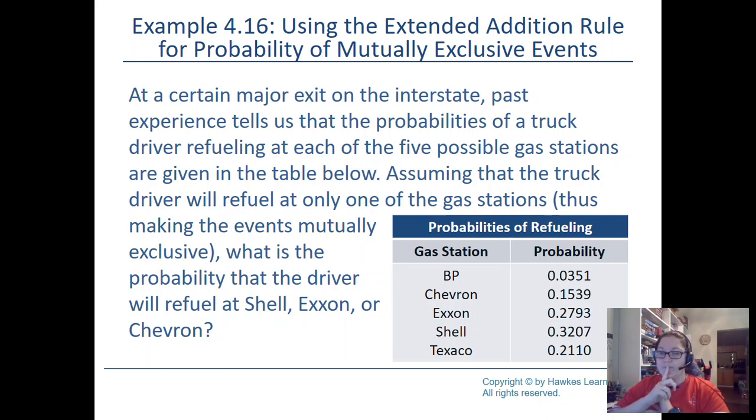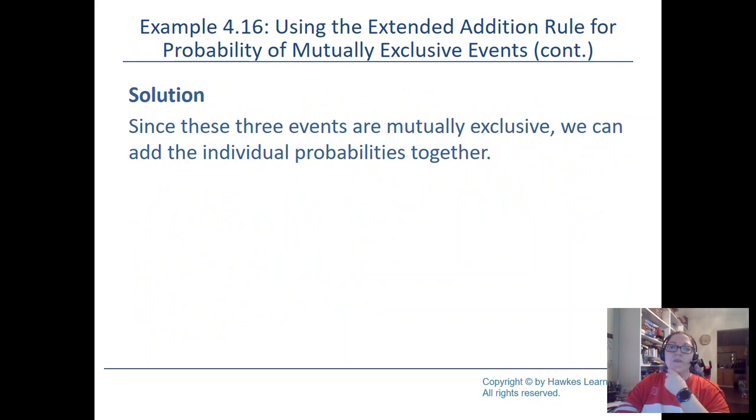Now, in this case here, I now have 3 events. So we had 2 earlier. Now we're adding in a third one. Okay, so please be aware that since there's 3 events, and we know they're mutually exclusive, we can just add that on.